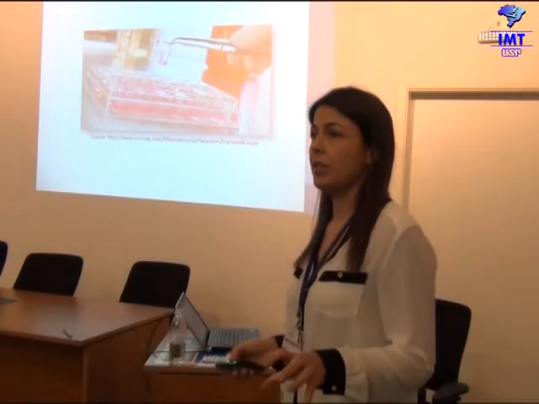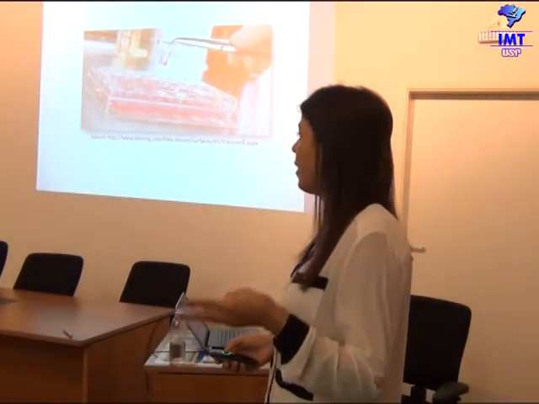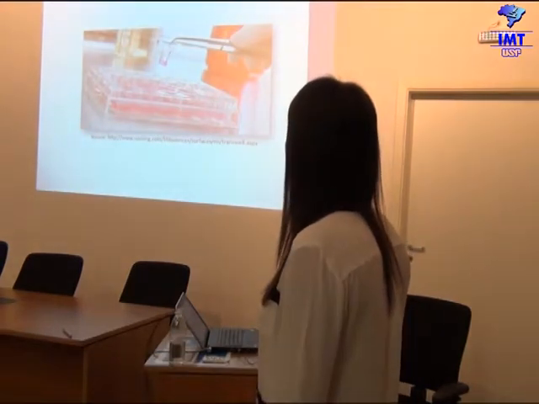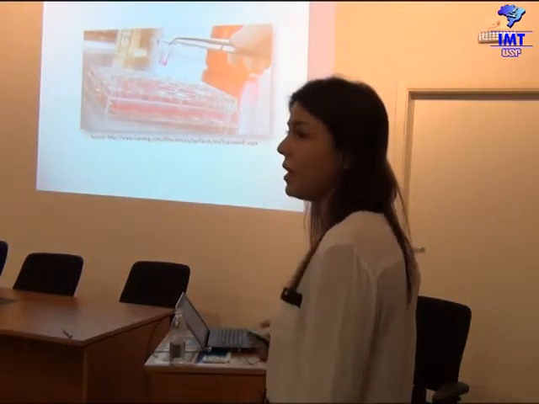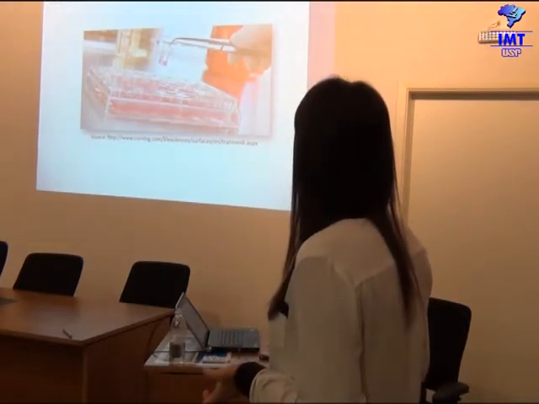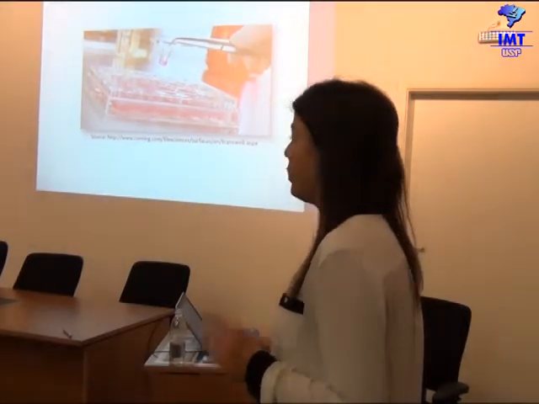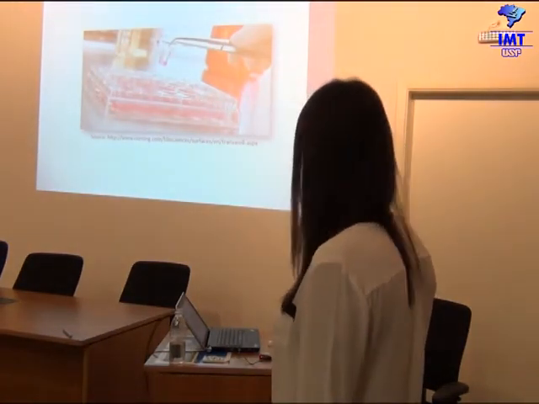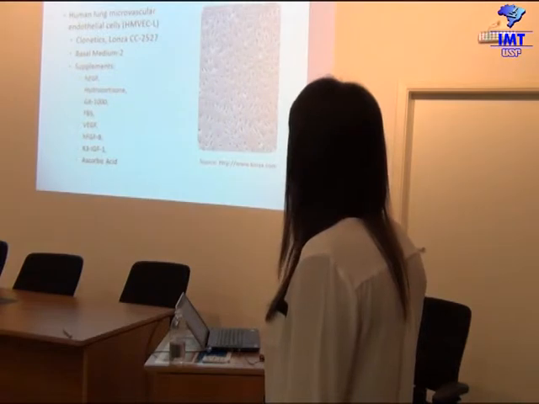To achieve this objective, we will have 3 steps in this work. First of all, we will study the ideal parameters in the co-culture system. This is a picture of the real transwell inserts in a 24 well plate.